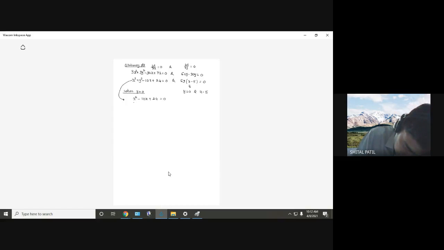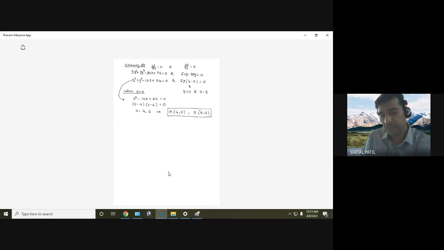That gives the stationary points x equal to 4, y equal to 0, and x equal to 6, y equal to 0. So when y equal to 0, the values of x are 4 and 6. From here we get two stationary points. Okay, this is the first part.